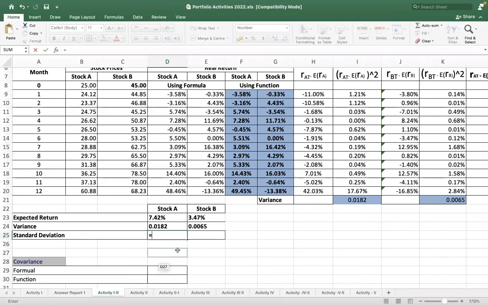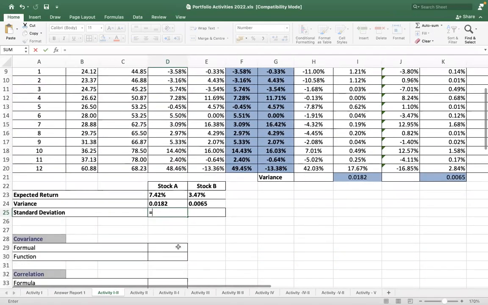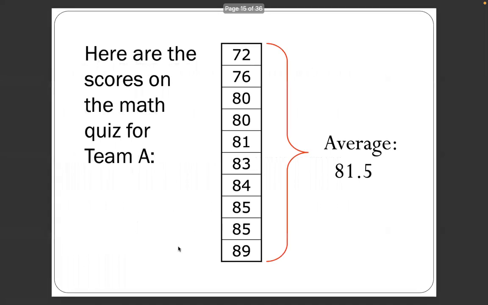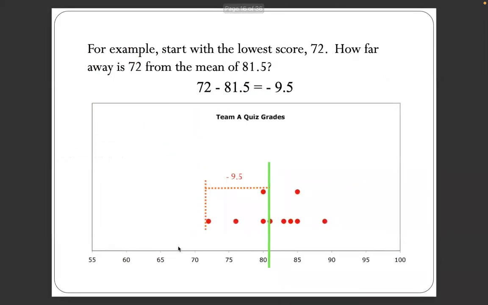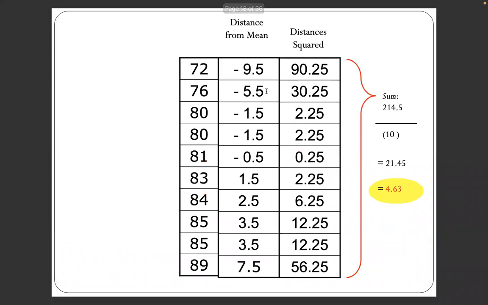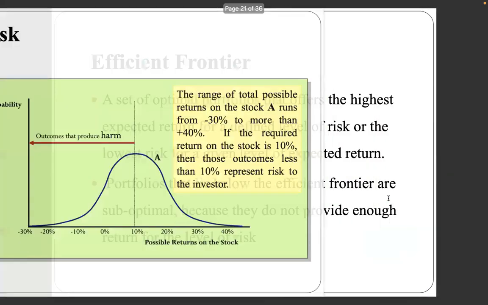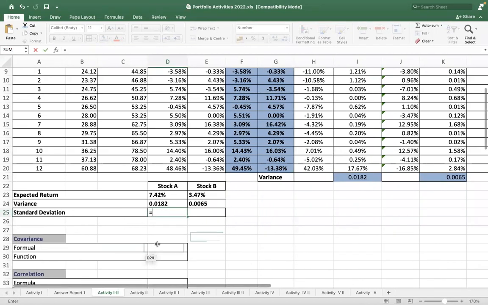How do you calculate standard deviation from the variance? If you have been given the variance, here you can see how you can calculate standard deviation. Differences, this is the variance, then risk is 3%. We'll discuss later.